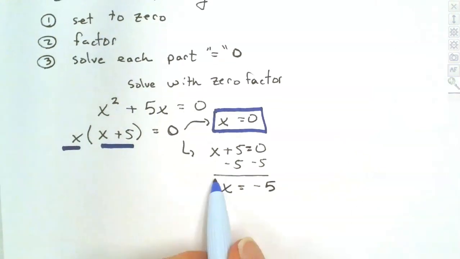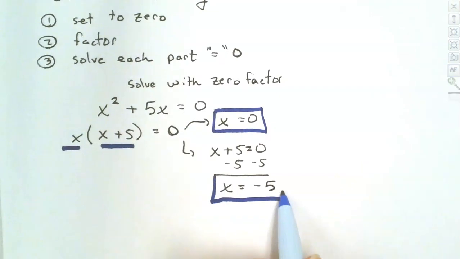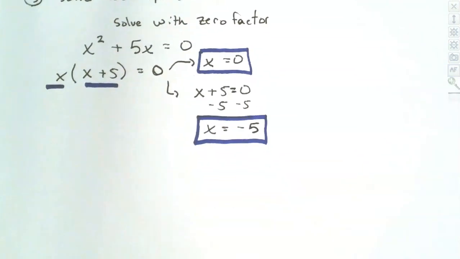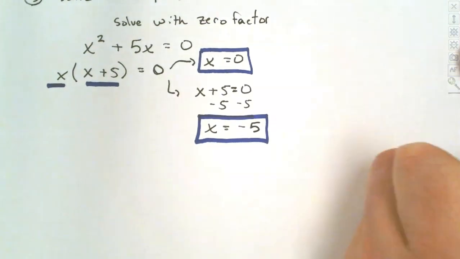So in this case, we have two solutions here. 0, and we have negative 5. This is nonlinear. Anytime it's got a square or a cube or any other power on it, we first set it to 0, and then we factor. This was a very simple one. Now we'll look at some more.